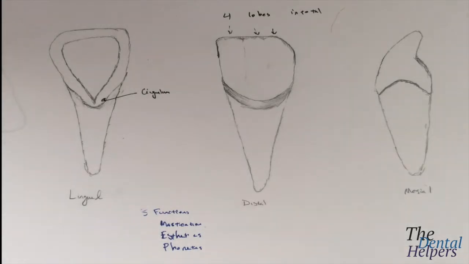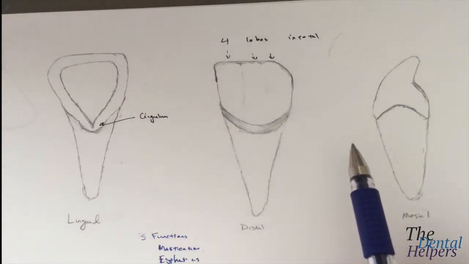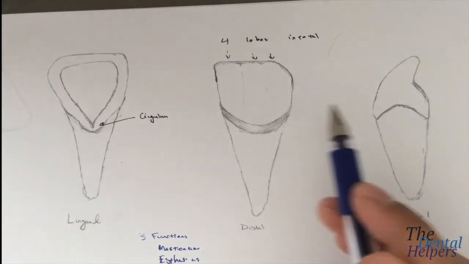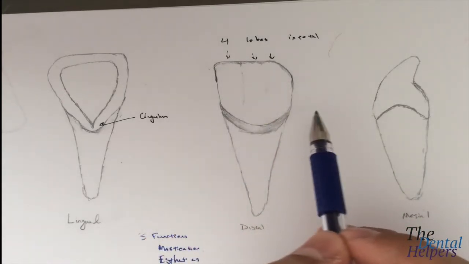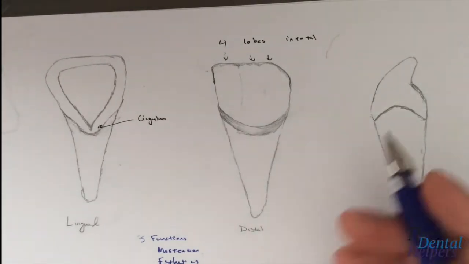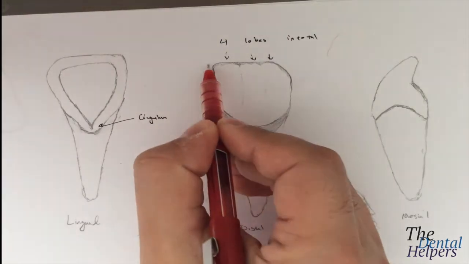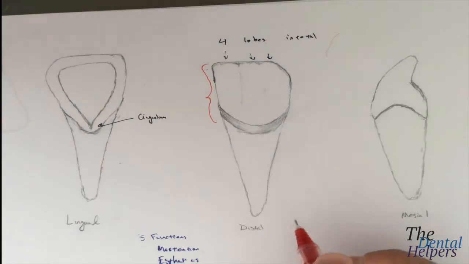Typically, as you can see, the shape of the crown is more like a rectangle. Most of the contacts are going to be around the incisal third. There are some exceptions that we'll get into, and it's good to know. So let's start with some of the general features. The crown is typically going to be a longer crown compared to the root.